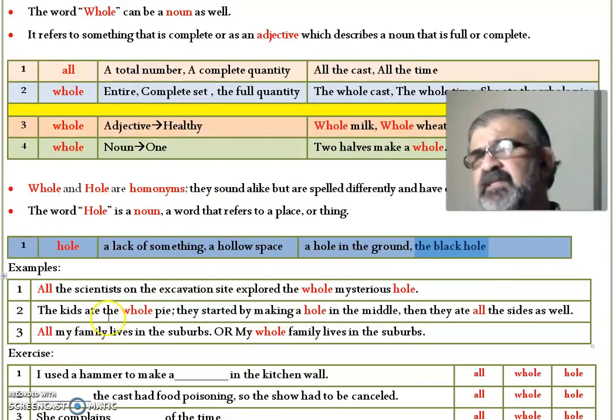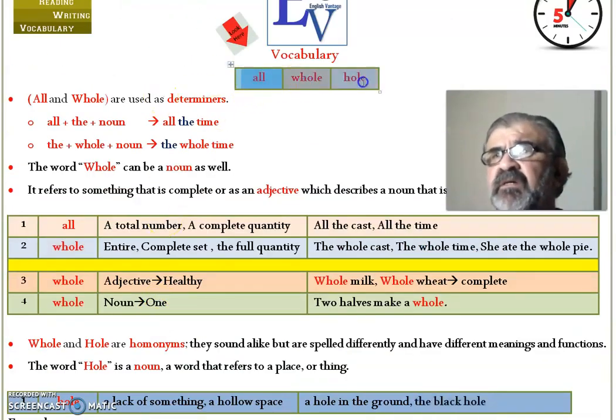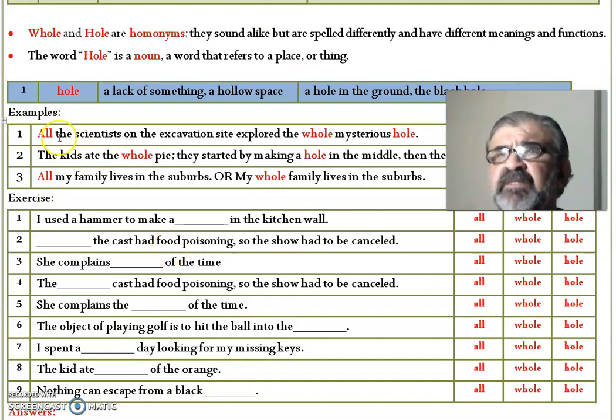Okay, now more examples. Now I'm going to join all three confusing words together in one sentence. All the scientists on the excavation site explored the whole mysterious hole. Whole, complete. Hole, a hollow space.